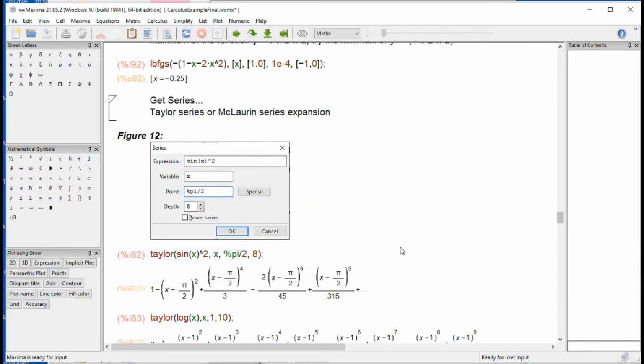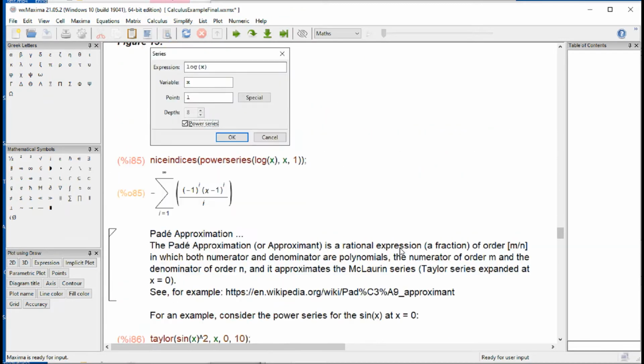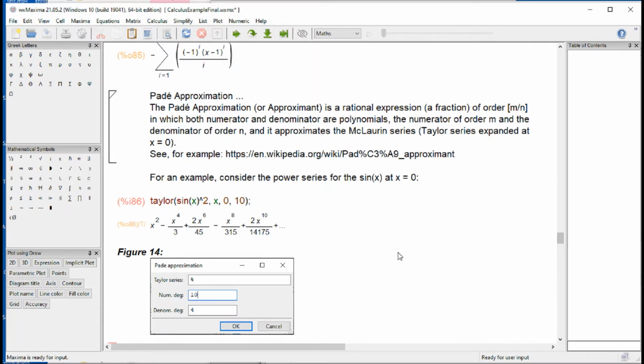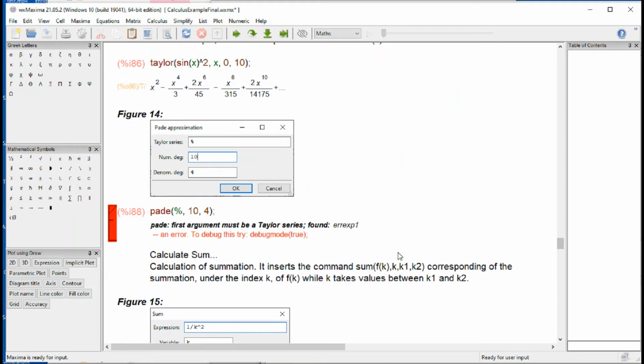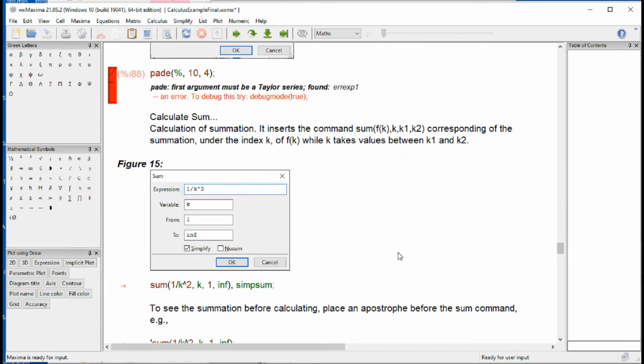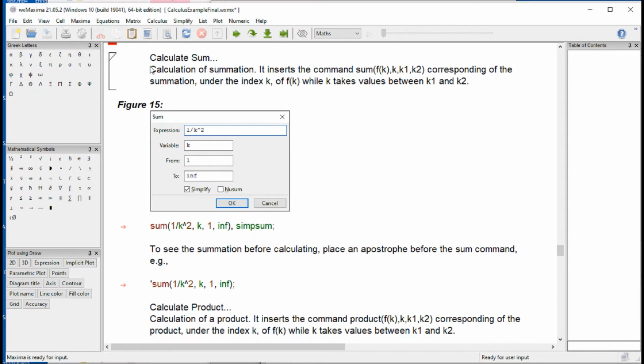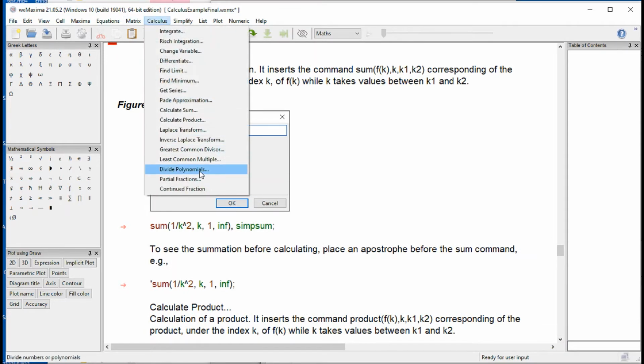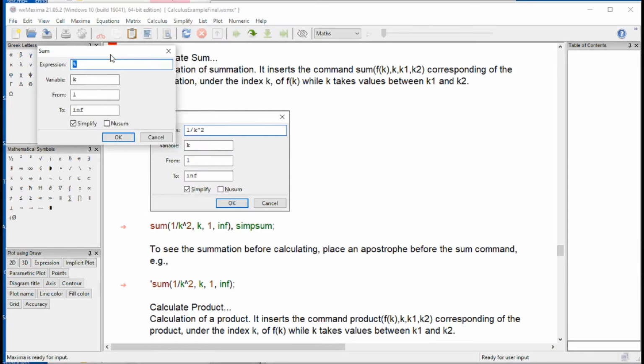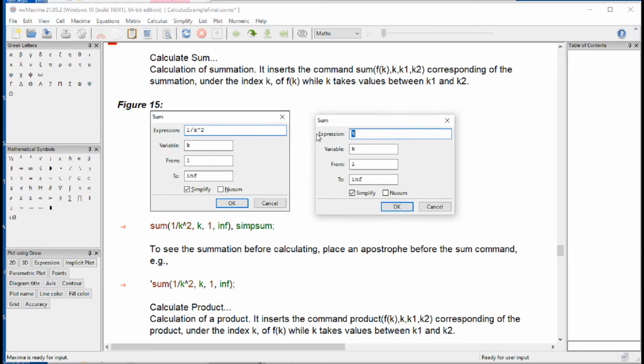So let's get to, we already had get series. We had the Padé approximation. And so now we're going to calculate sum. This is just calculating a summation, and basically it's nothing complicated. You go calculus, calculate sum, write the expression for the sum 1 over k squared from k equal 1 to infinity in this case.